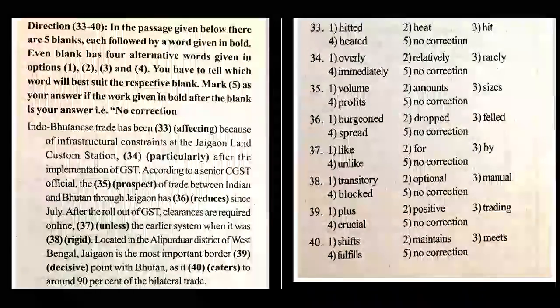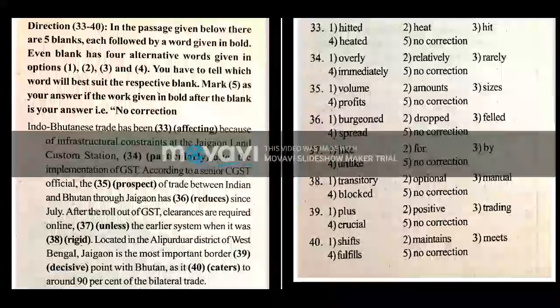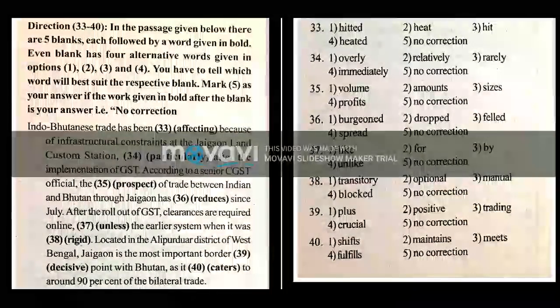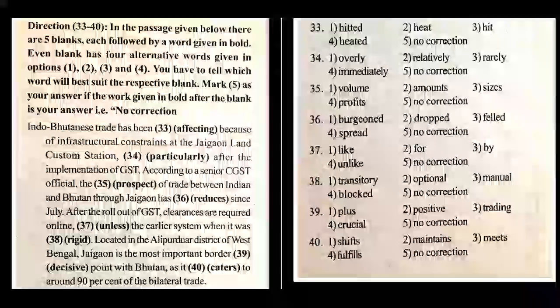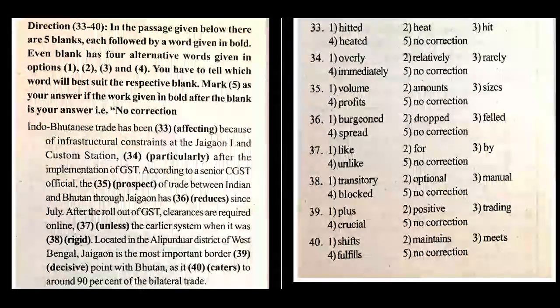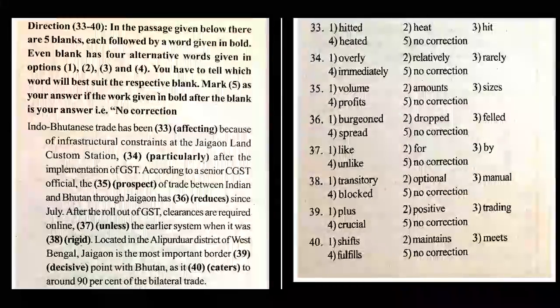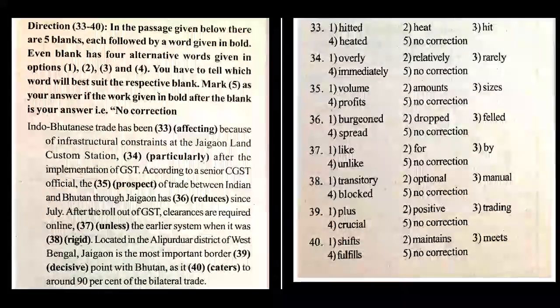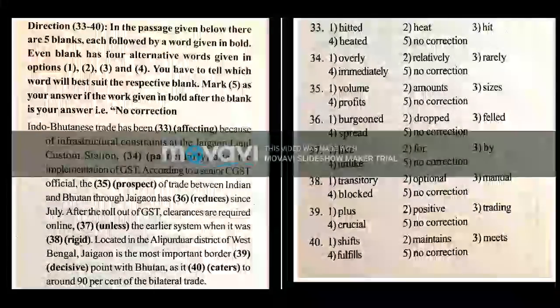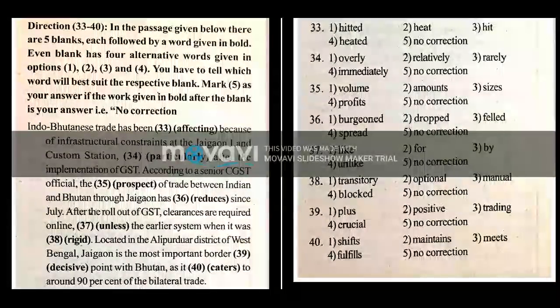Now, we should go to option number 34. And before going to option number 34, it is advisable to remember the first sentence up to the 34th blank. It says, Indo-Bhutanese trade has been hit because of infrastructural constraints at the Jaigan Land Customs Station.